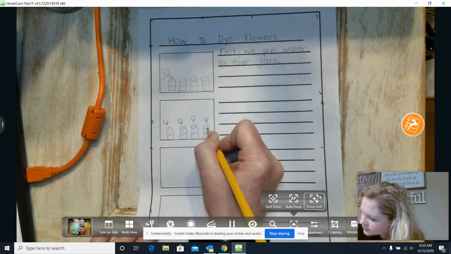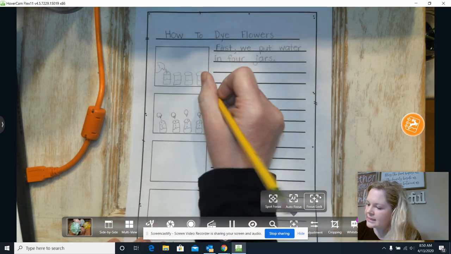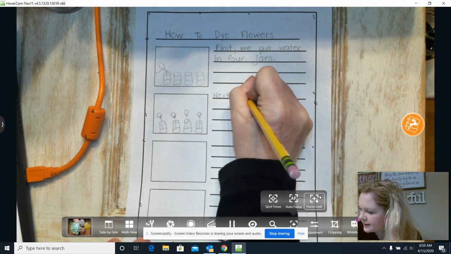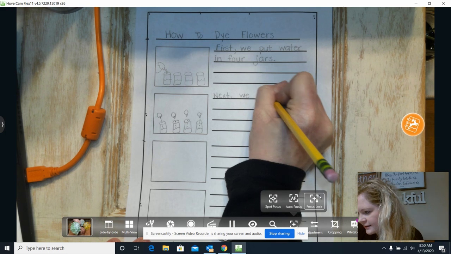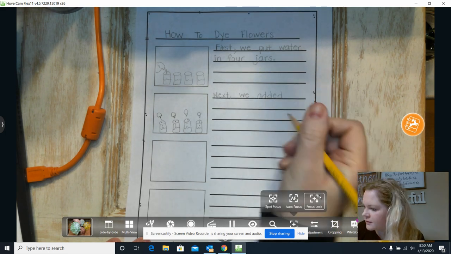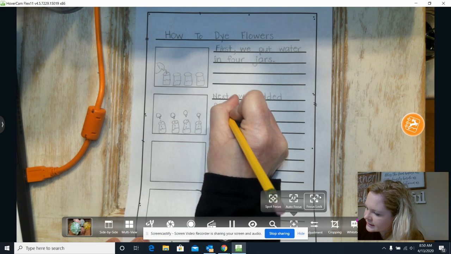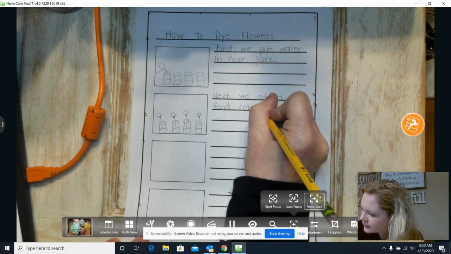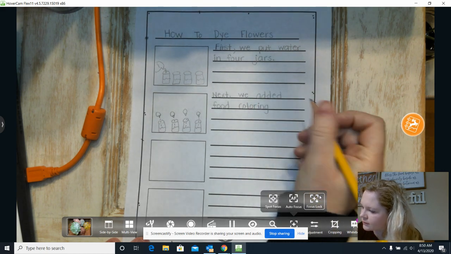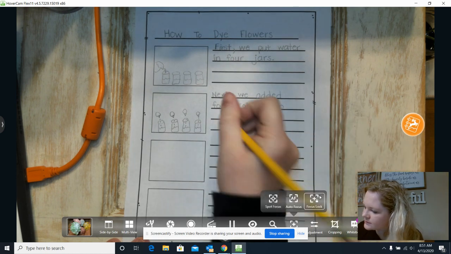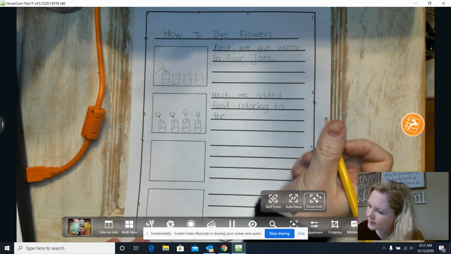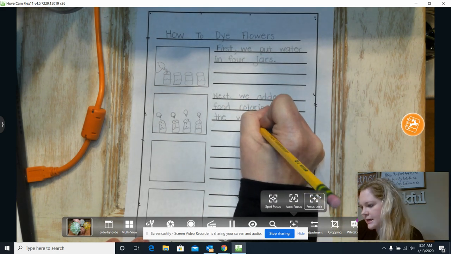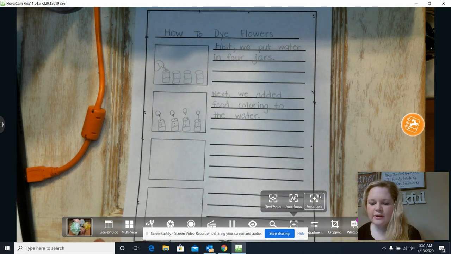Okay. Next, we added food, and I went to the next line because I didn't think food would fit. Food, space, coloring, and ing, coloring to, T-O, space, the, water, and I can look up here to know how to spell water, W-A-T-E-R. Next, we added the coloring to the water.